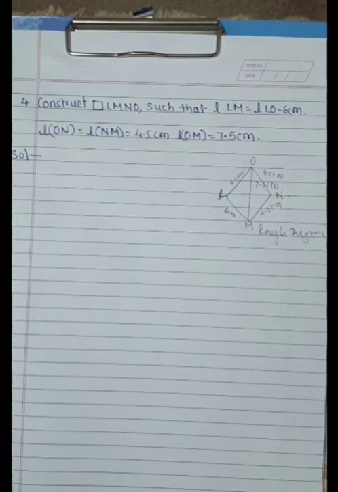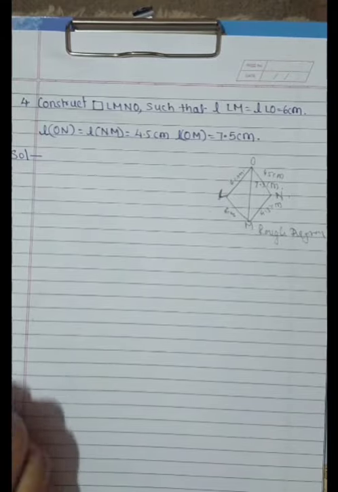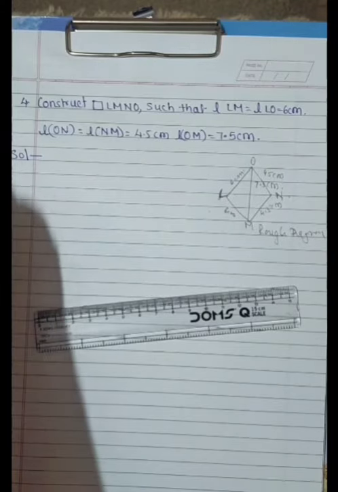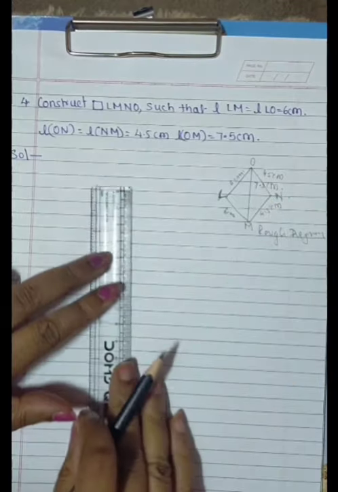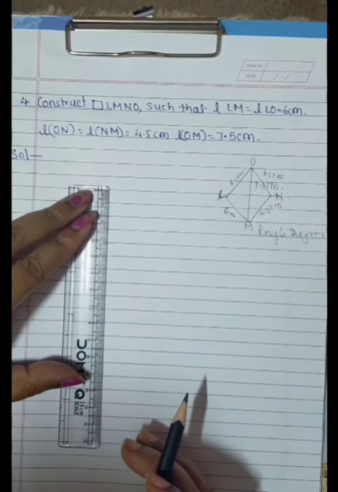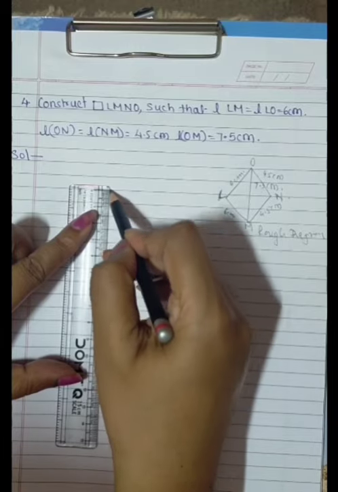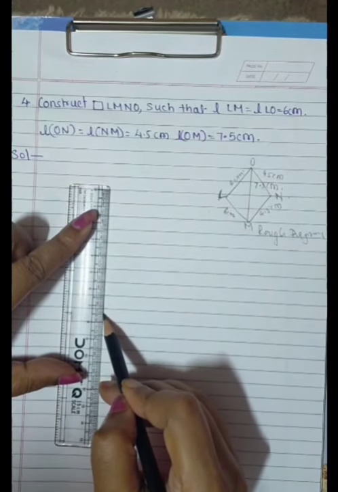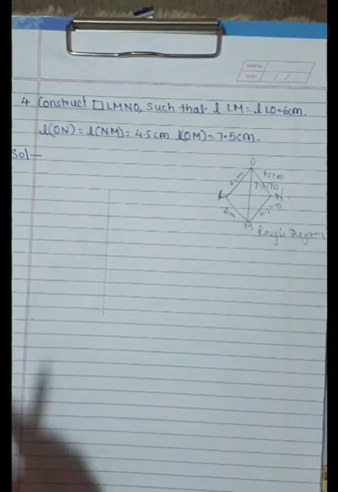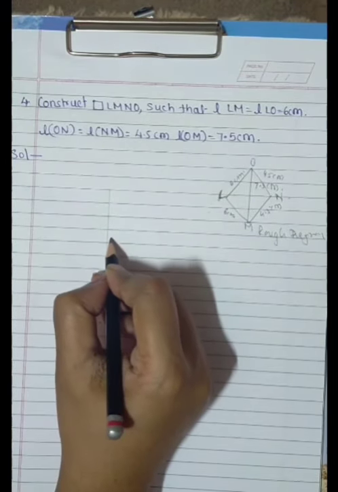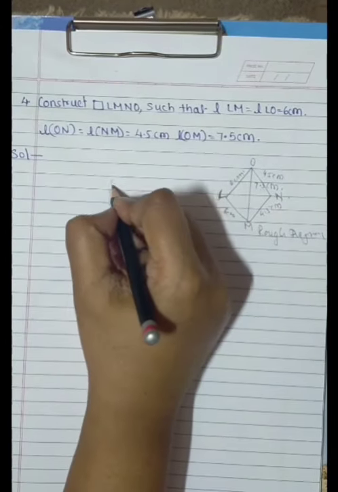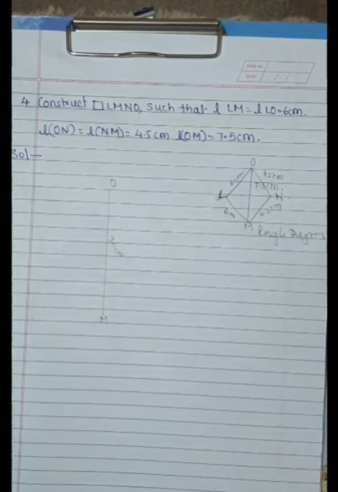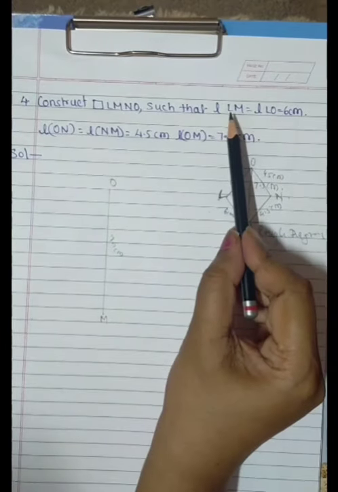Okay, now we are going to construct the quadrilateral. So first we will take 7.5 centimeter. So here I am taking 7.5 centimeter. This is our OM. And what is given here?